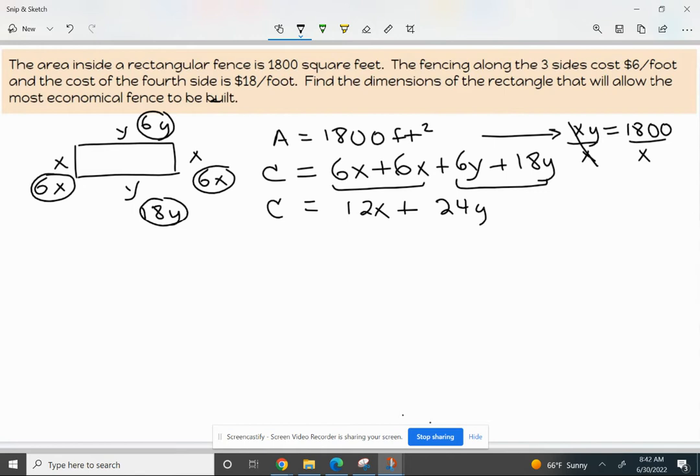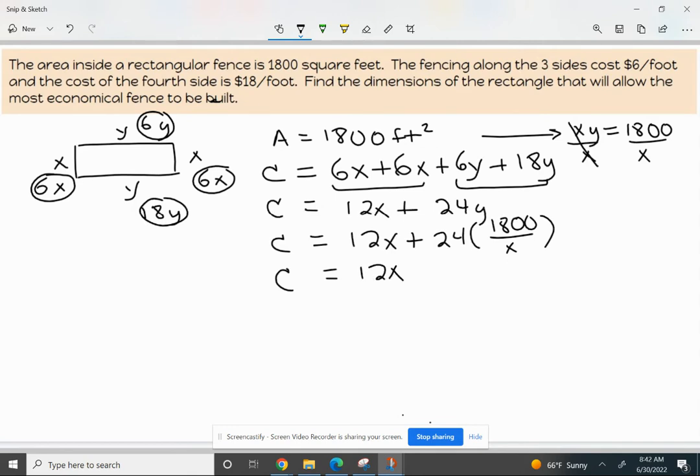So I'm going to take this cost equation, and where I see a y, I'm going to replace it with 1,800 over x. Okay, I'm going to go ahead and simplify. 12x.